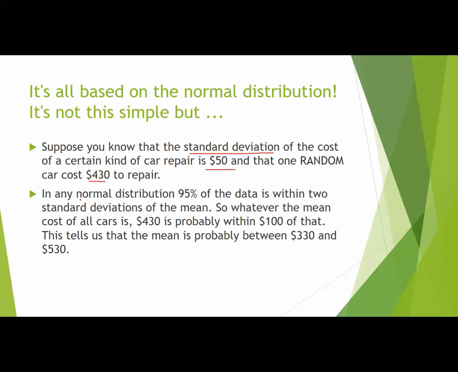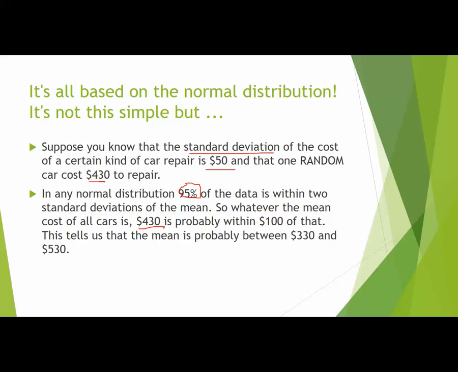Well, if you remember, in any normal distribution, 95% of the data is within two standard deviations of the mean. So whatever the mean actually is, 95% of the numbers are within $100 of it. So that $430 is probably one of those, so it's probably within $100 of the mean. So this tells us that the mean is probably between $330 and $530.